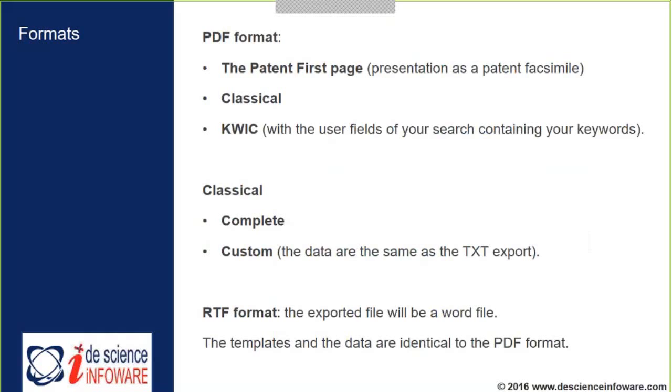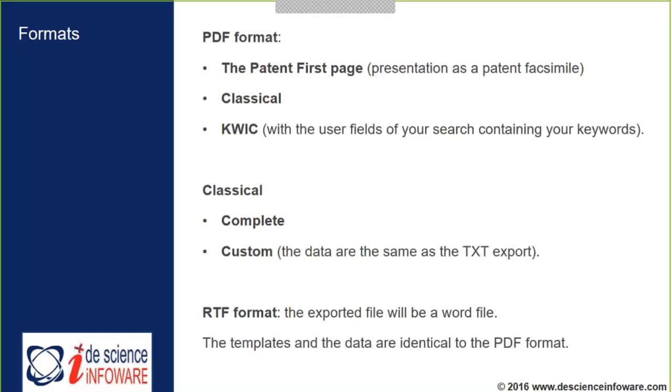Classical type is the type which looks like the scanned copy of the PDF document itself. KWIC format is a format wherein you want to get the search strategy, the result or a report, or in a patent document, wherever they are present, that particular export will be made in a PDF format.